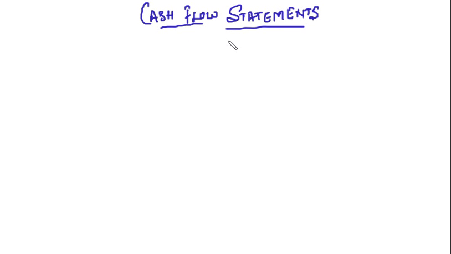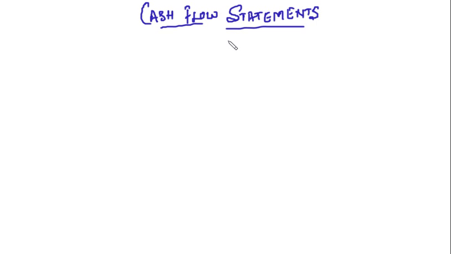Cash is one of the most important aspects if we talk of economy, if we talk at the business level. It is very important to know what is our cash inflow and what is our cash outflow, right? What is a cash inflow? Any money that is coming into our pocket is known as the cash inflow, and any money going out of our pocket is cash outflow.